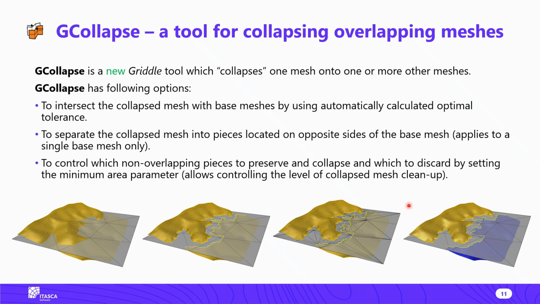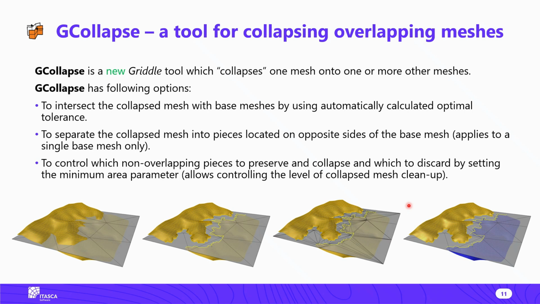Also, gCollapse allows using multiple base meshes. It automatically takes the union and then uses the proper nearest surface towards the collapsed faces. The only important criterion is that multiple base meshes should be conformal between each other for proper operations.